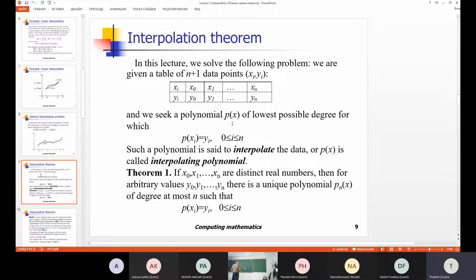And before we continue, I want to discuss these words: polynomial p of x of the lowest possible degree. Let me again draw the picture.